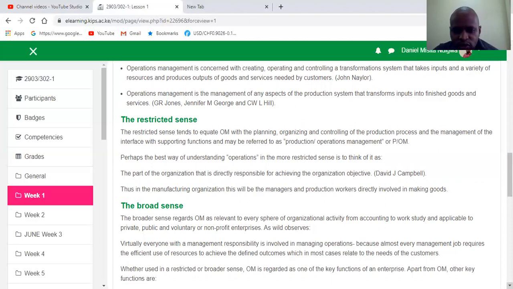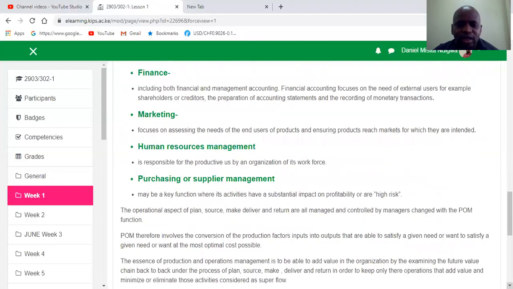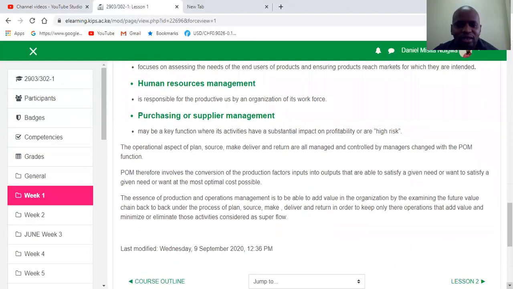The broader sense views operations management as a relevant sphere of organizational activities, from accounting to work study, and applicable to the private, public, voluntary, and non-profit organization. It views the organization as an interaction between operations and other functional areas, which may include finance, marketing, human resource, purchasing and supply management, and other areas in the organization.